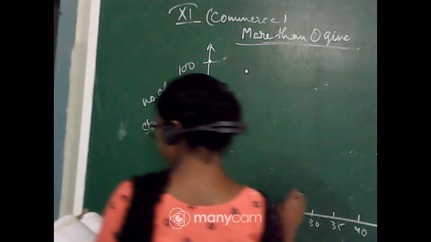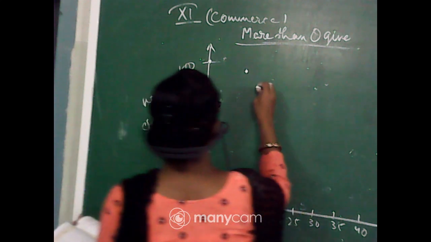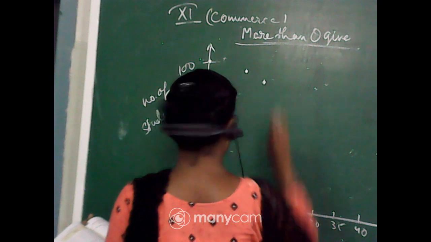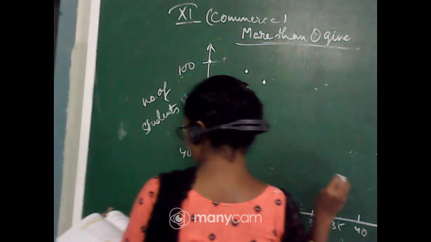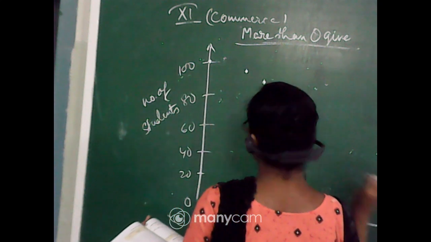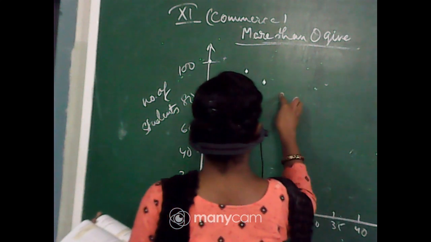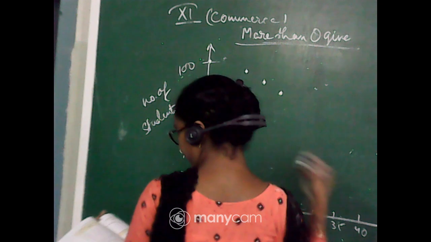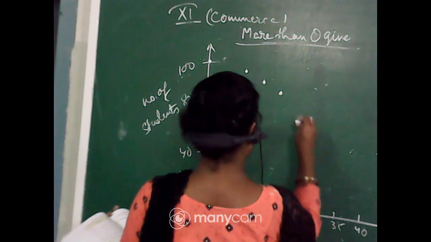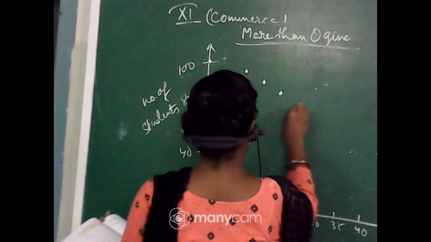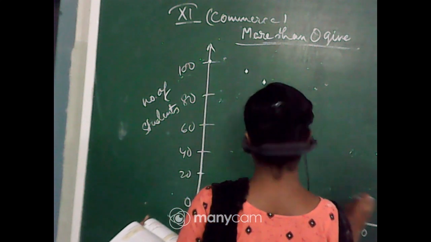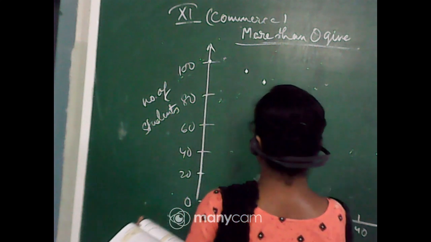Next 90 here. Next one more than 15 is this one. More than 20 is 70. More than 25 is 45.